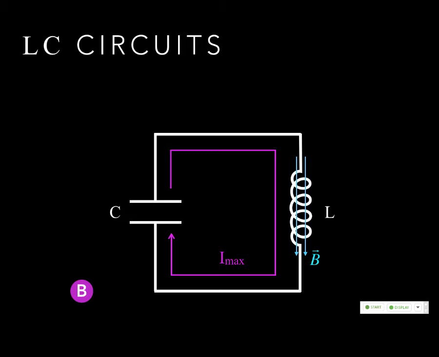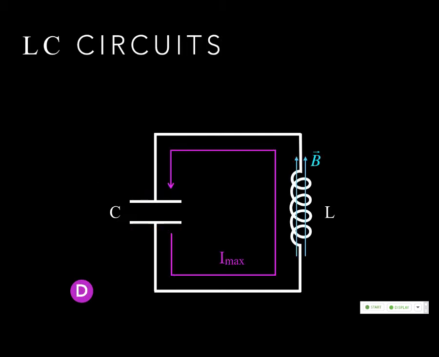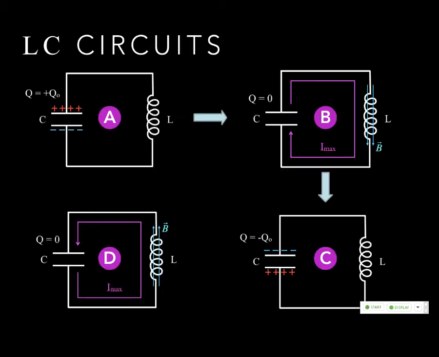Then it recharges the capacitor, and the whole thing starts over, just backwards, right? So back and forth. This is the whole cycle, and then you end up back where you started. And so this is some sort of periodic motion, okay?